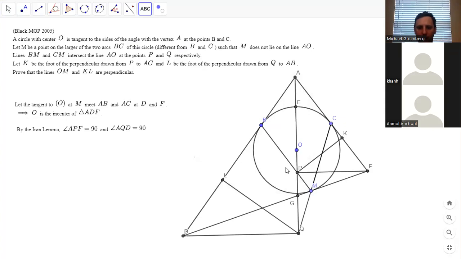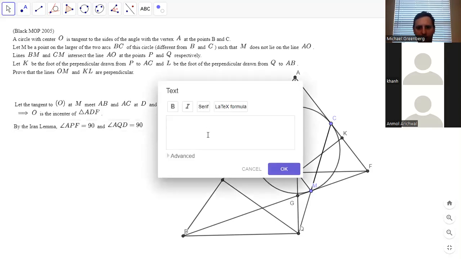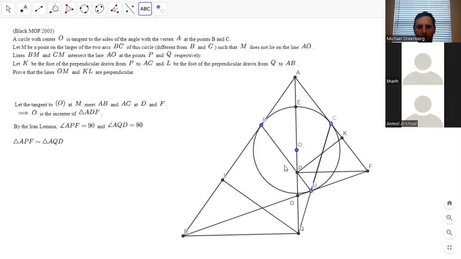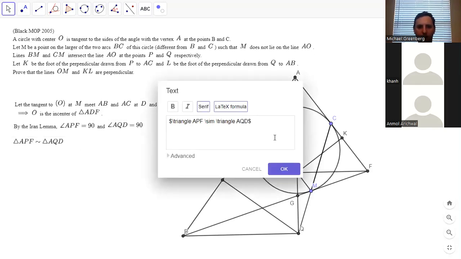So that means that APF is similar to AQD, since AO is an angle bisector.